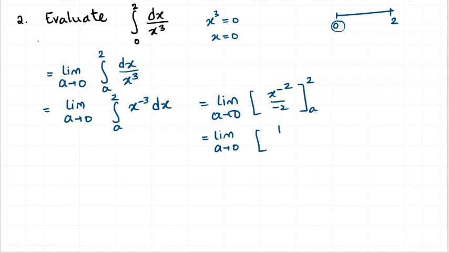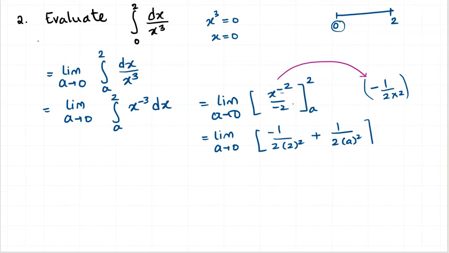Because x to the power minus 2 can go in the denominator, this gives you minus 1 over 2 into 2 power 2 plus 1 over 2 into a power 2.